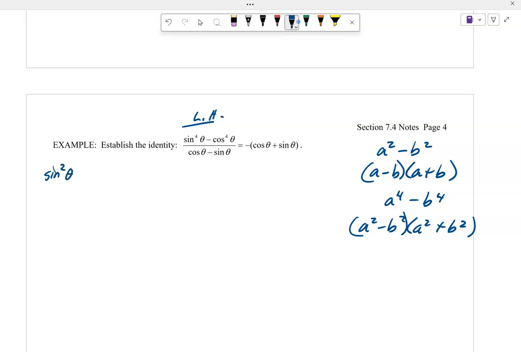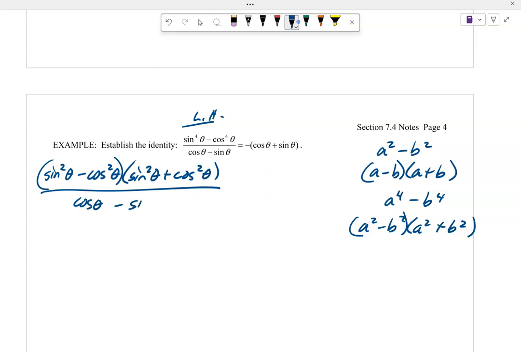So I have sine squared minus cosine squared times sine squared plus cosine squared. And this is all over my denominator, which is still cosine minus sine. Okay, so I factored the top, difference of squares. And I'm trying to whittle it down and show that it's equal to the right-hand side.